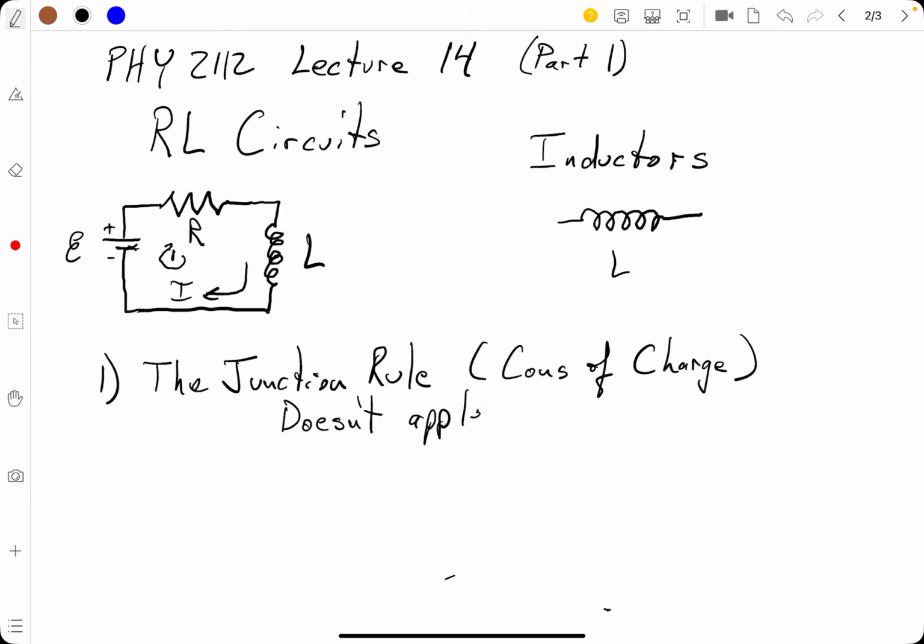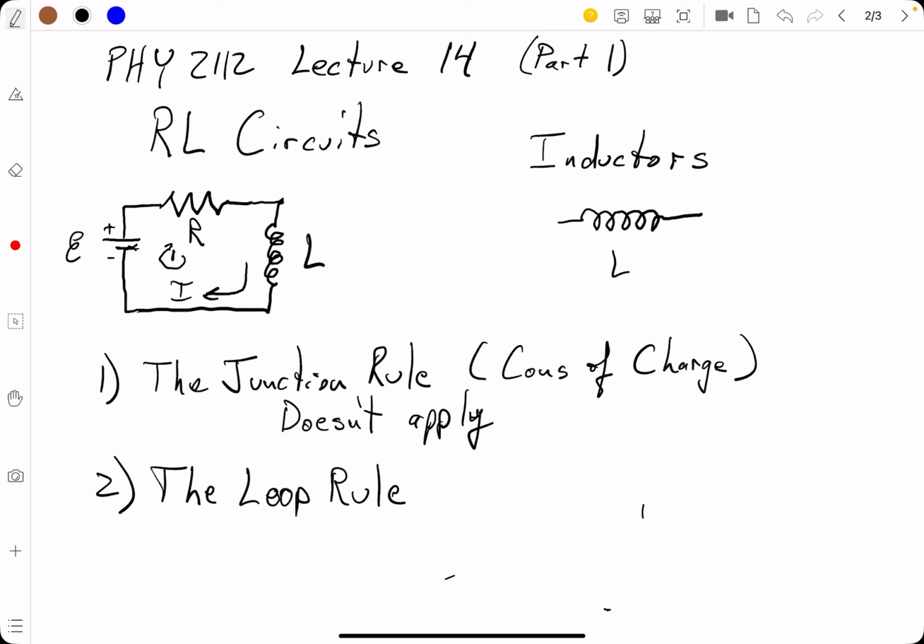I hope it's clear to everyone why the junction rule does not apply. We don't have a junction and a split in the current going off somewhere else, so we don't have to think about that. Second, we've got the loop rule. Well, I just showed you what loop I'm going to do, so I assume you get that we're going to do the loop rule.